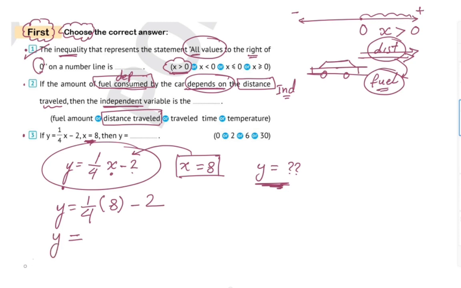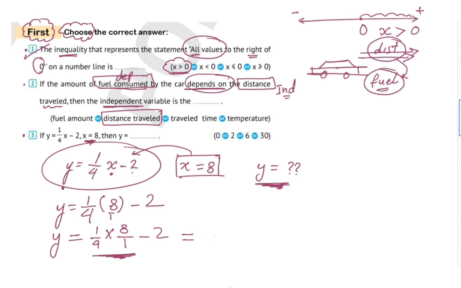So y equals 1 over 4 of 8. What's the meaning of that? It's 1 over 4 multiplied by 8. Don't forget that 8 is 8 over 1. Any integer has a denominator equal to 1. Now 1 over 4 multiplied by 8 over 1 minus 2. First, do we multiply or subtract? Of course, multiply. So this is the first operation.